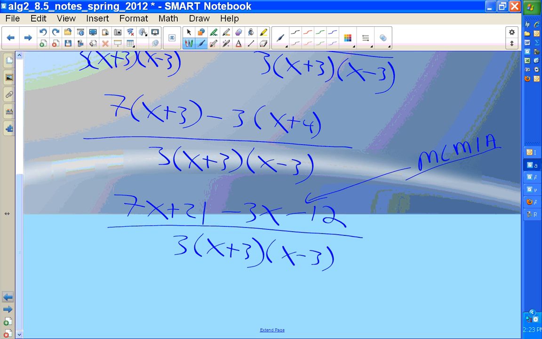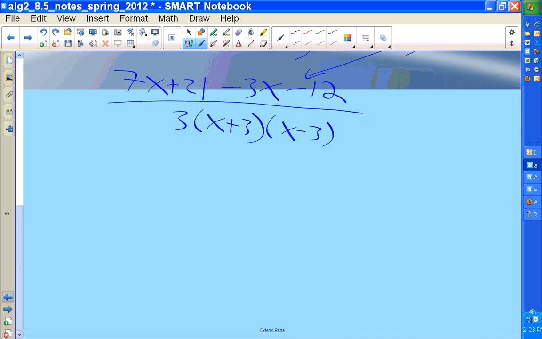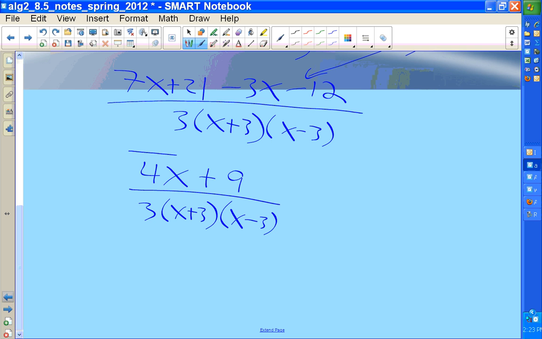Once you've done that, then you can go ahead and clean up the top. So we're going to get 4x plus 9 over 3 times x plus 3 times x minus 3. And again, we have no reducing that we can do there.